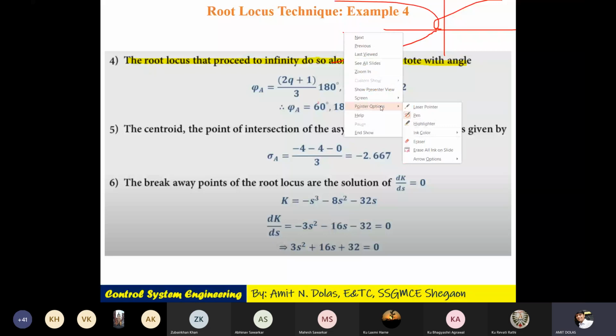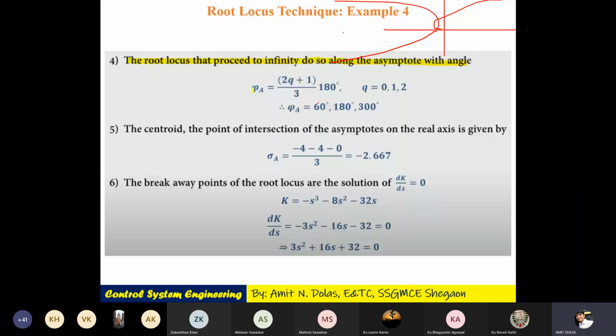So what is this? Phi a is the angle of the asymptote. There are 3 poles, means three branches moving towards infinity, means there will be 3 asymptotes here. Given by this formula, the angle condition divided by 3. Actually, it is 3 minus 0. That's why it is 3. So one will be at 60 degree, one will be at 180 degree, and one will be at 300 degree. 300 degree is nothing but -60 degree.